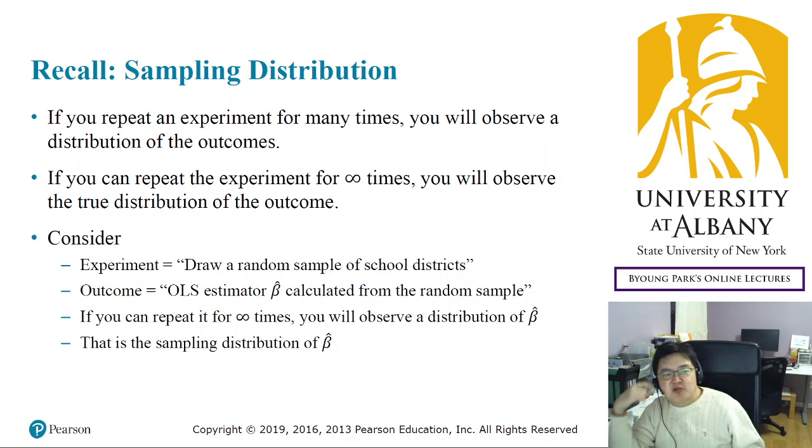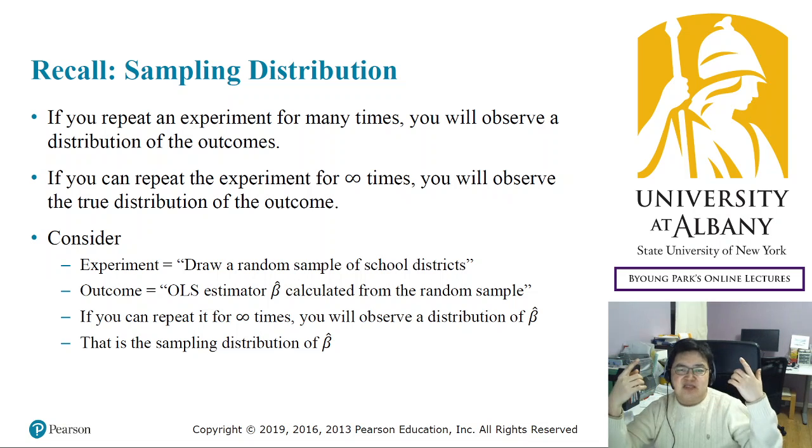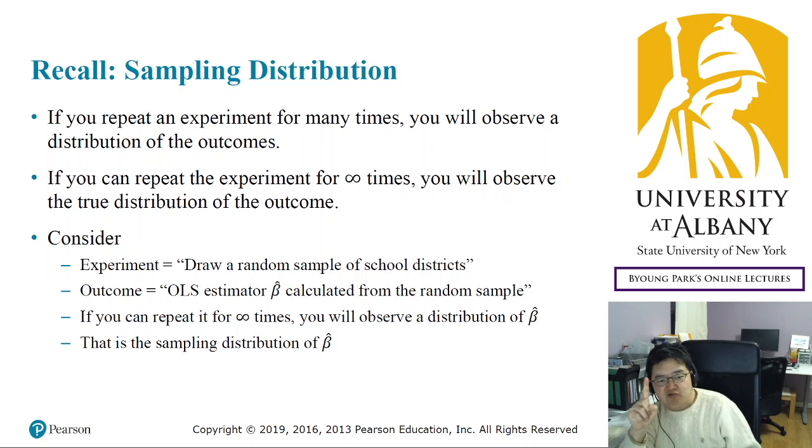So the experiment is to draw a random sample of school districts. For example, in our data, we have 420 school districts observed. So randomly choosing 420 school districts is one experiment. One experiment generates 420 observations at the same time, and the final outcome is the OLS estimator.